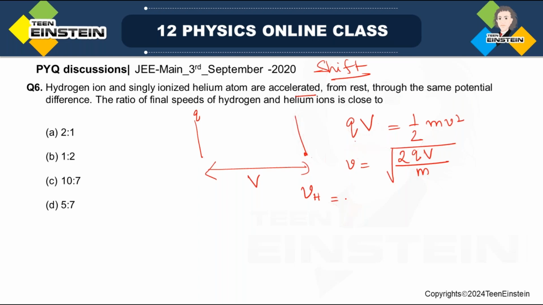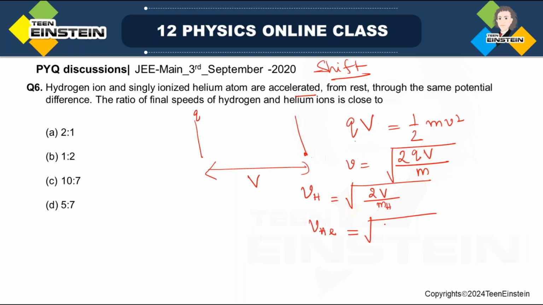Now if I write for the hydrogen ion, it has charge 1, so this is the potential, and the mass I'll write as mH. And for the helium ion, what is the charge?